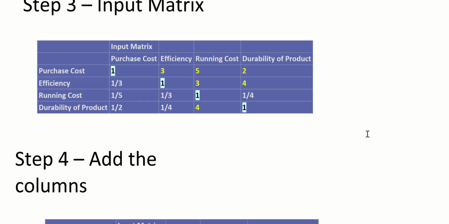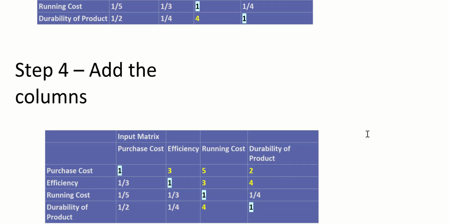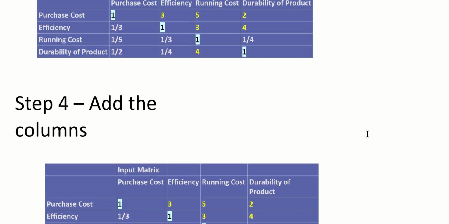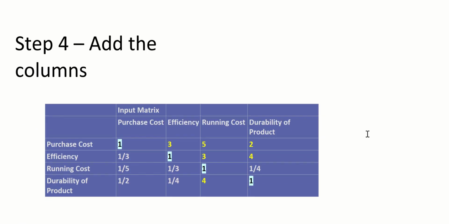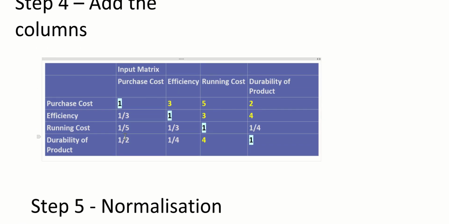Okay. All right. So step 4. Step 4 is where these are exactly the same values that we had above, but we need to add the columns. So each column has to be added. So you can put on a total over here. So you just add an extra row, and that's where I will have the sum of each column.